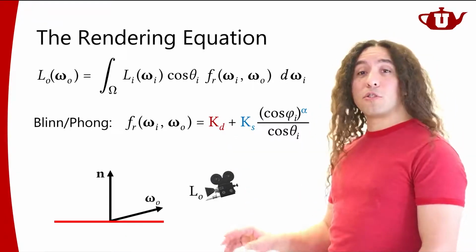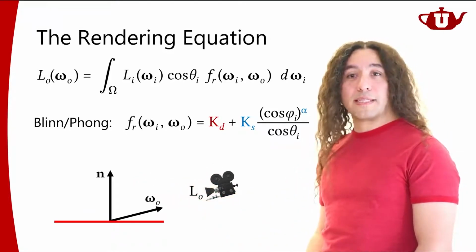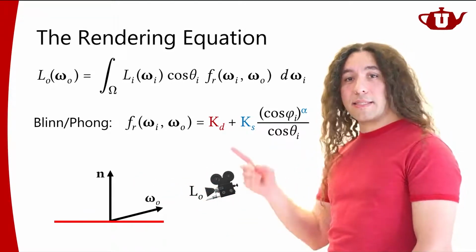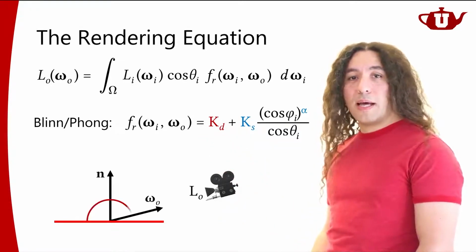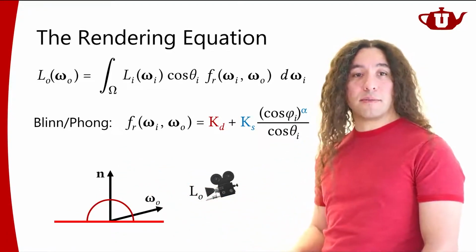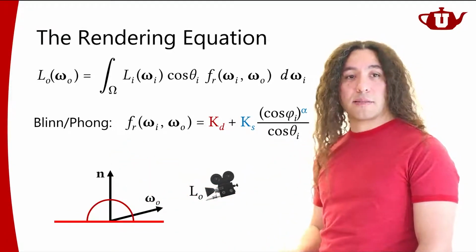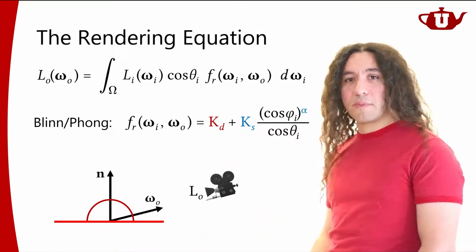So if I were to draw this reflectance over here, what do I see? This constant diffuse term is just a constant value over all possible directions of the hemisphere.